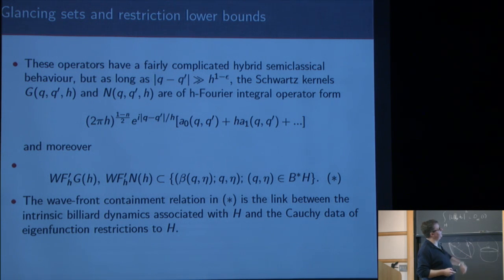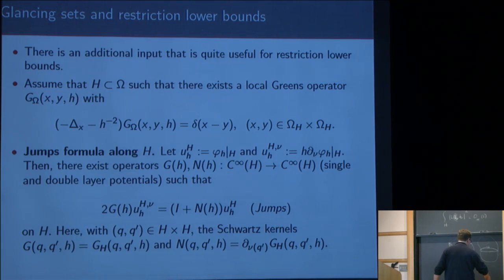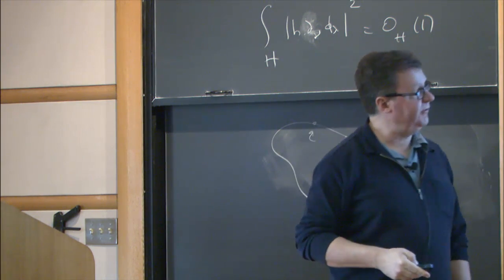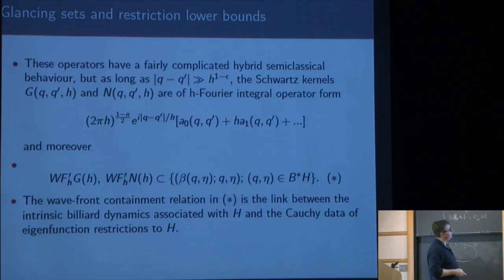These operators are quite complicated. This is the reason why you can't invert them directly. It's very hard. But there's a certain range where, if you look at the Schwarz kernels of these operators, and you have points q and q prime along H that are separated far enough, then you have an asymptotic formula for what these operators look like.